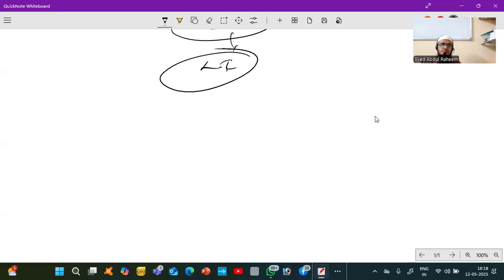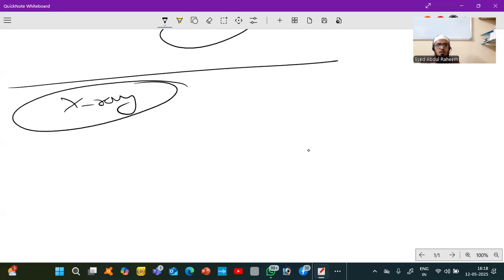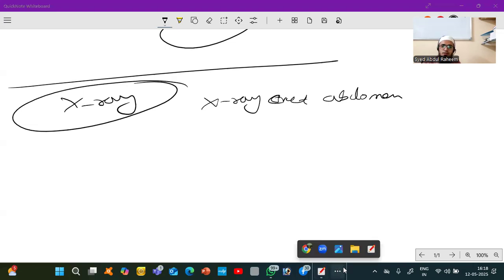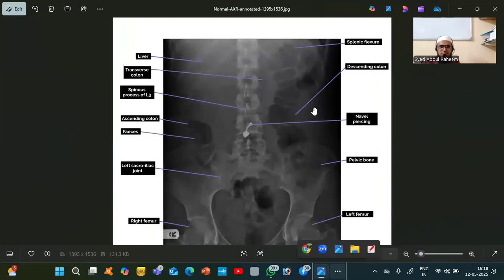Basically, first we have X-ray. In the X-ray, we have one type called X-ray erect abdomen. I will show you the image of the erect abdomen. This is the abdominal X-ray.